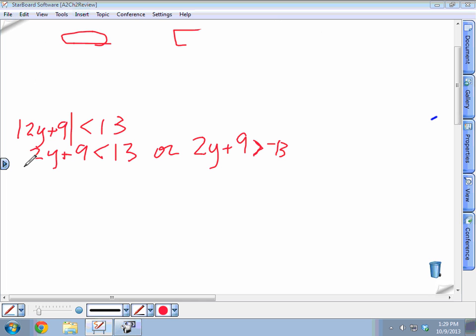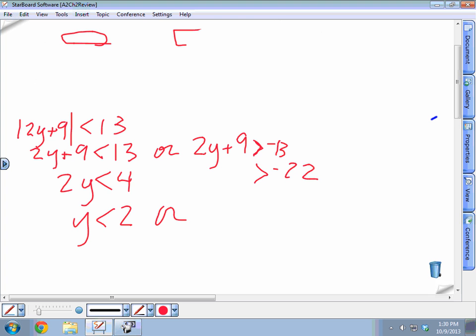So solving the left side over here, just the normal one, subtract 9 from both sides, divide by a positive 2. Over here, subtract 9 from both sides, and I'm actually adding it to the negative 13, right? So negative 22, and 2y, and I'm going to divide by 2.